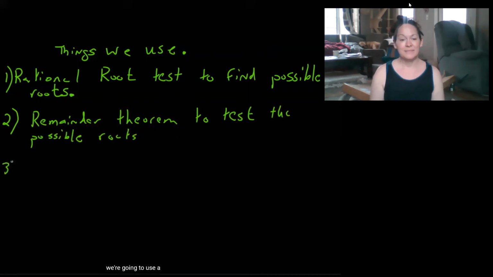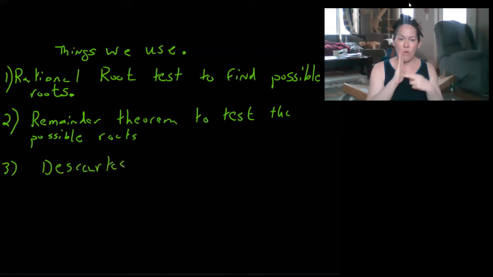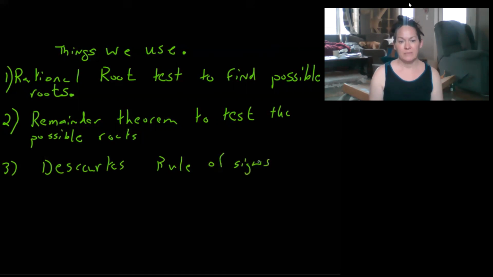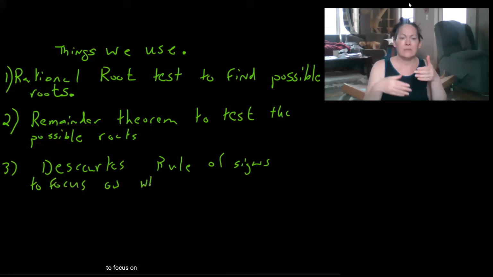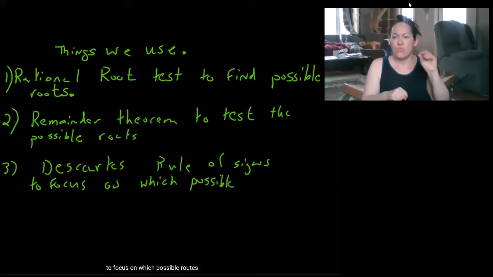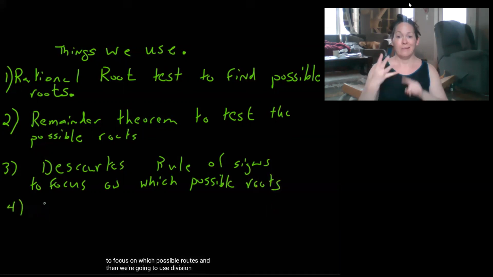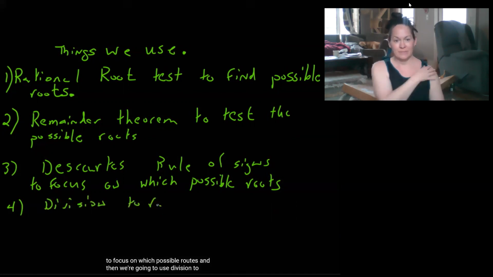And we're going to use a thing called Descartes' rule of signs to focus on which possible roots. And then we're going to use division to reduce the problem.